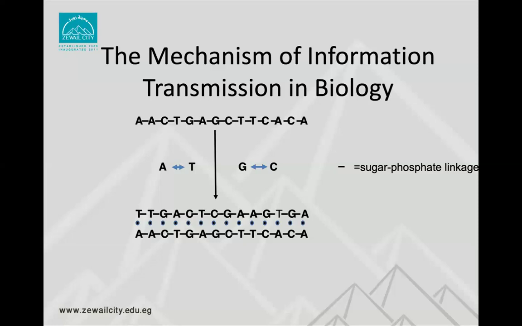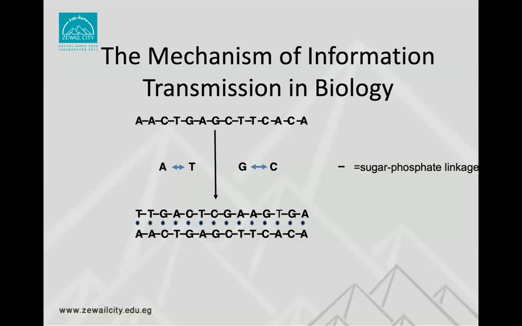This is where the aperiodicity comes in, because there are 4 different choices of bases, and we won't look at the chemical structures yet, but it's sufficient in terms of this mechanism to just name them in terms of these abbreviations A, T, G, and C. And the transmission of information comes because if you take another DNA and you start to synthesize the DNA one nucleotide or one unit at a time, then where you have an A in the first strand, you get a T coming next to it.